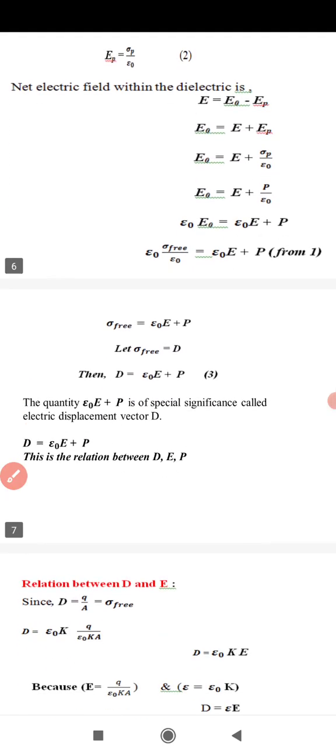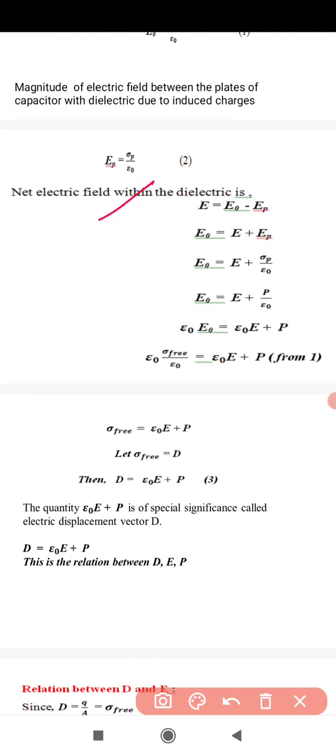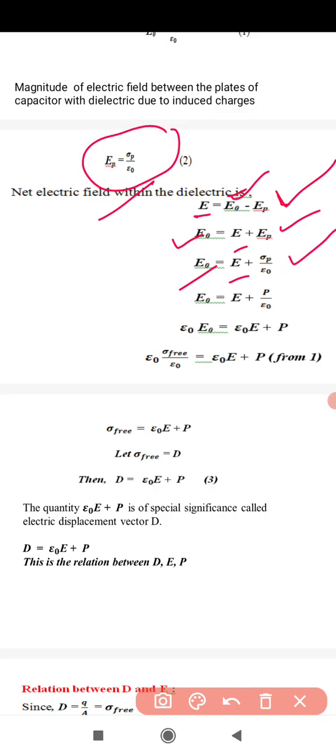The net electric field in the dielectric, E, is equal to the applied electric field minus the polarized electric field. So the applied electric field is the sum of the net electric field and the polarized electric field. The polarized field Ep is sigma p divided by epsilon naught.